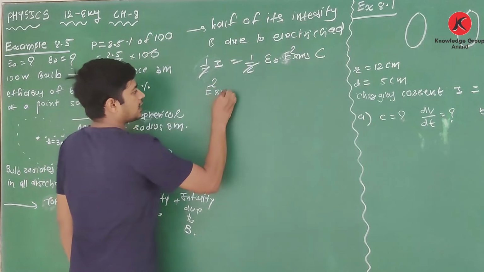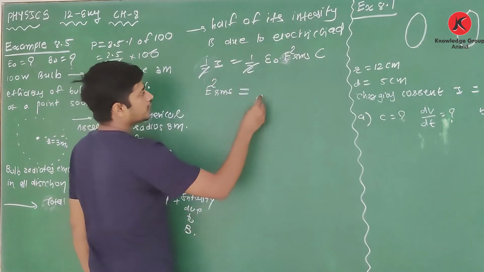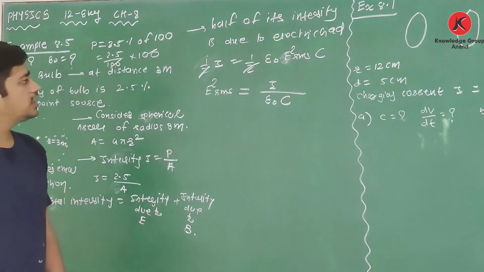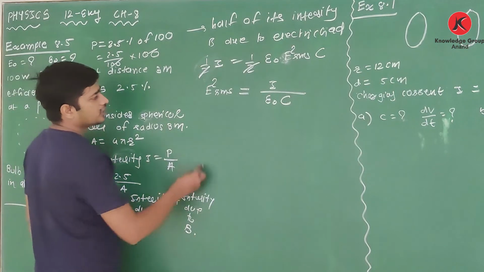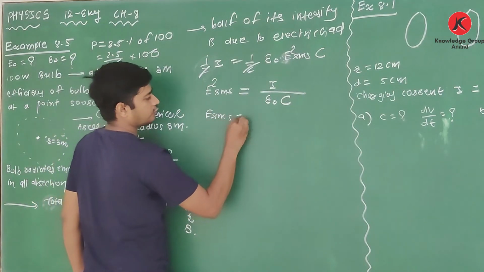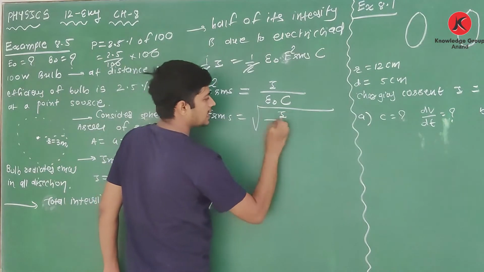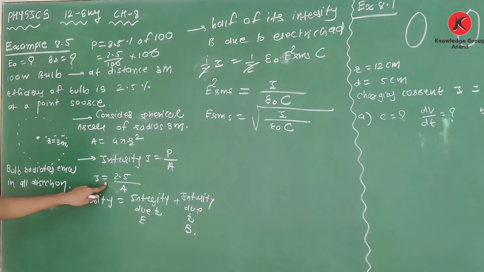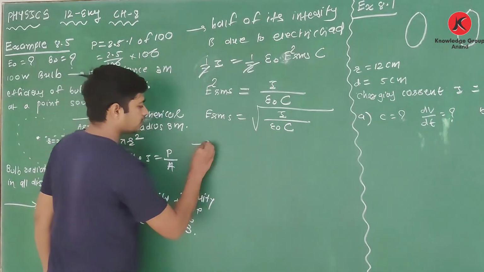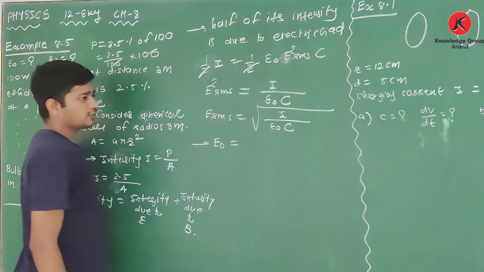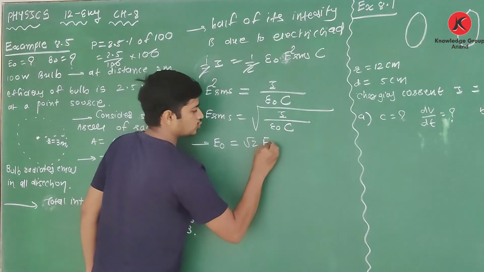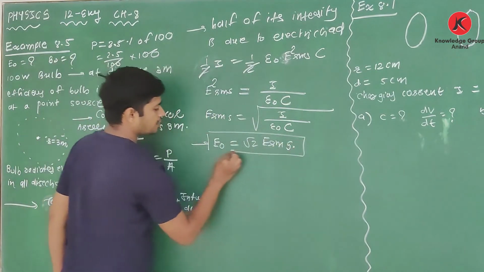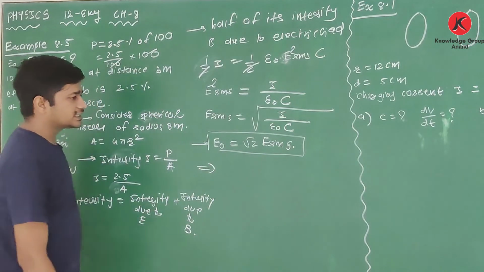Then E square RMS is equal to I upon epsilon 0. So E RMS is equal to under root I upon epsilon 0. I you will find from here, epsilon 0 is given, C is given. From this, then you have to find E0. What is the equation of E0? E0 is equal to root 2 E RMS. So you will get the value of E0. Then how to find B0? Yes, we know that.